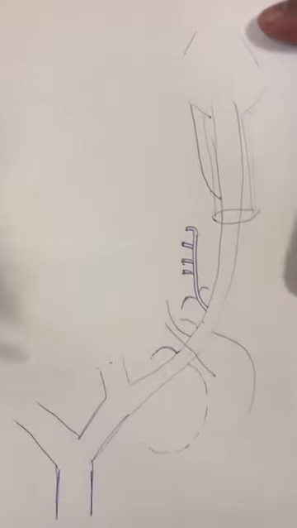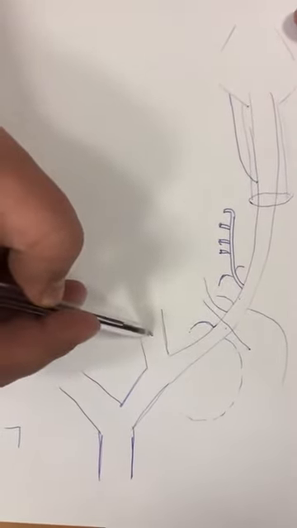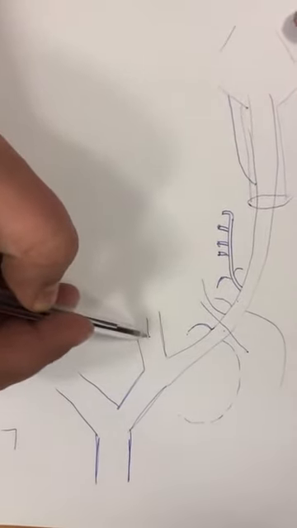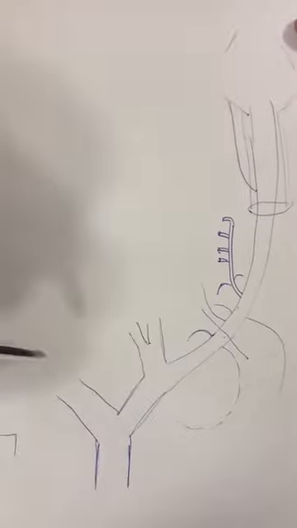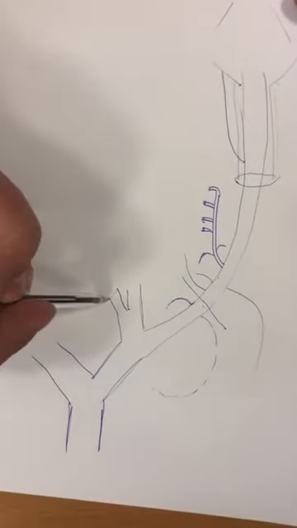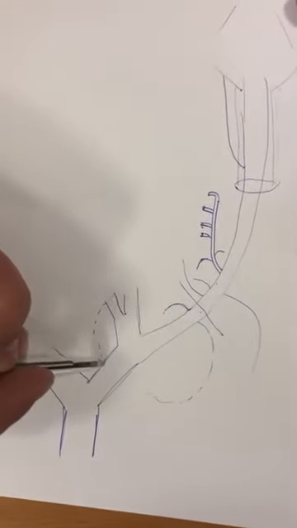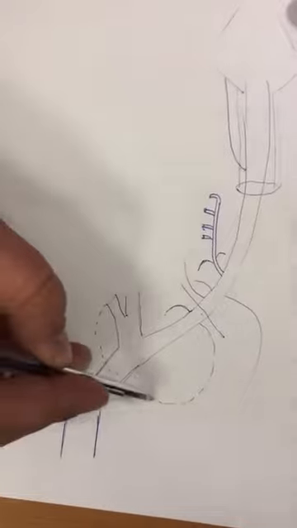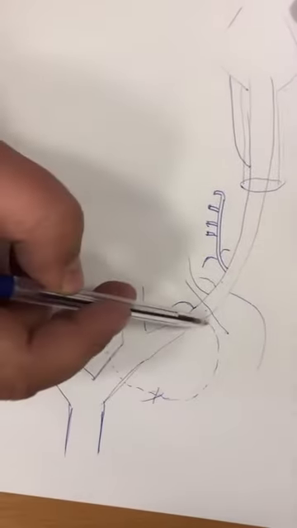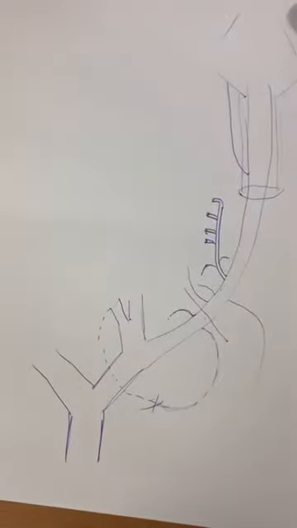And now, internal iliac artery. Internal iliac artery usually subdivides into posterior trunk and anterior trunk. From posterior trunk, we have arteria iliolumbalis. This artery goes upward and makes anastomosis with arteria circumflexa ilium profunda from external iliac artery.